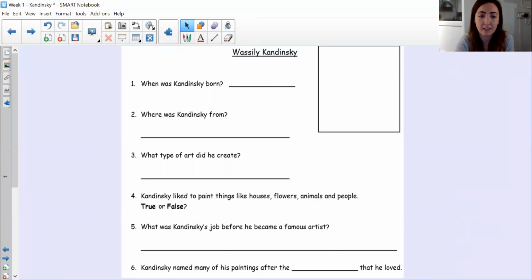Question 6, Kandinsky named many of his paintings after something that he loved. What did he name his paintings after that he loved? Okay, so you can pause here, just in case you need to go back to any of those questions.